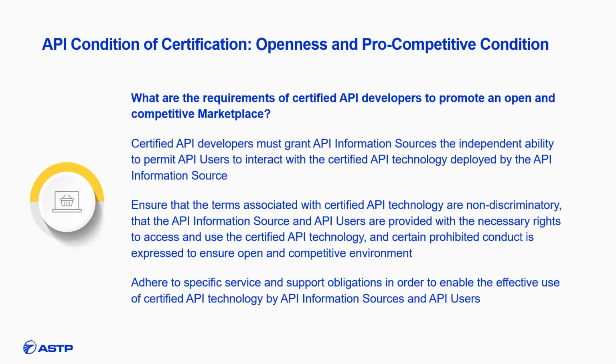So you cannot restrict the rights around these items. And then we also outlined some prohibited conduct regarding the rights, including fees like license fees, royalties, etc. There are just several examples of prohibited conduct that we don't have time to dive into today.